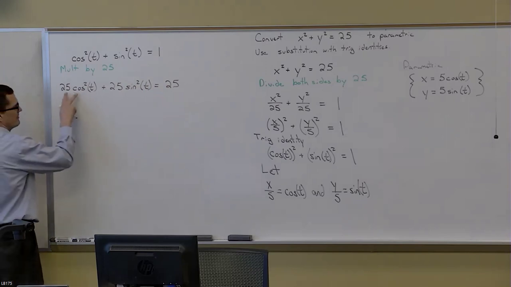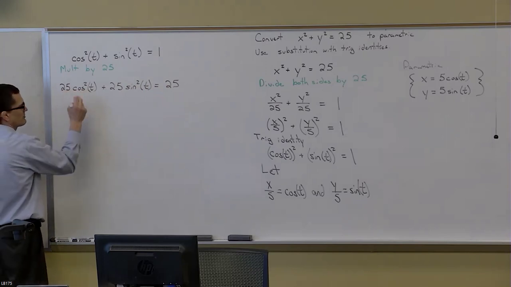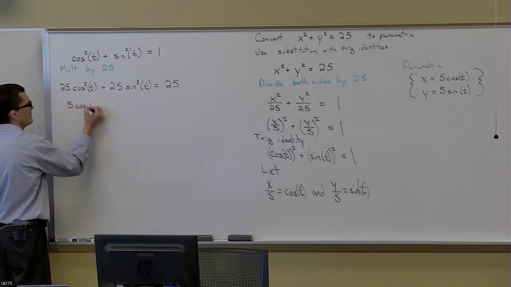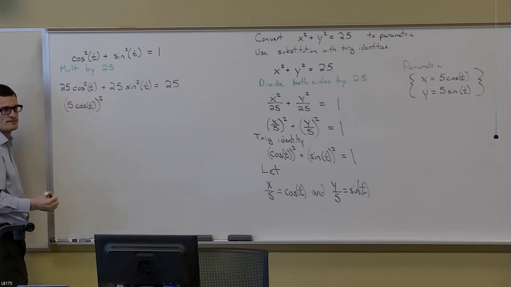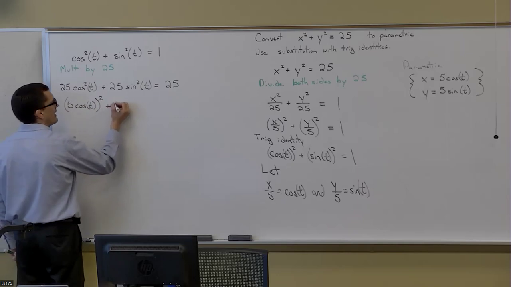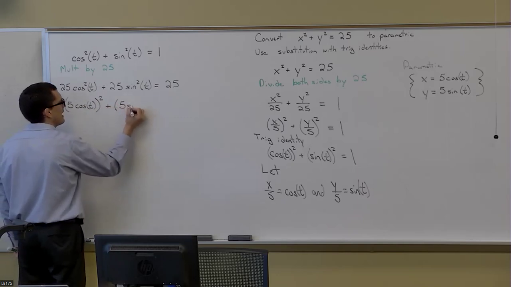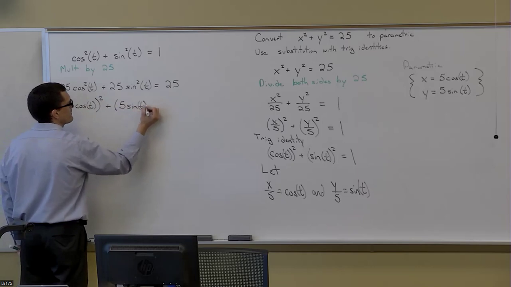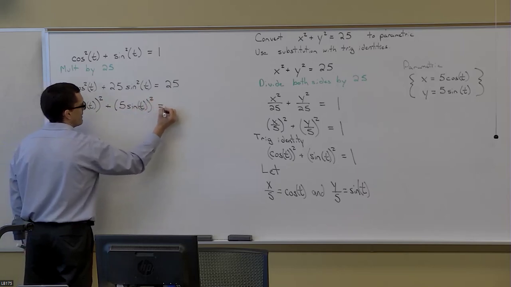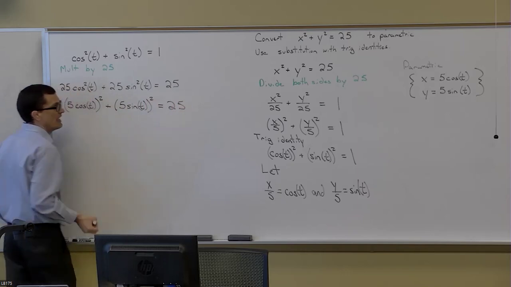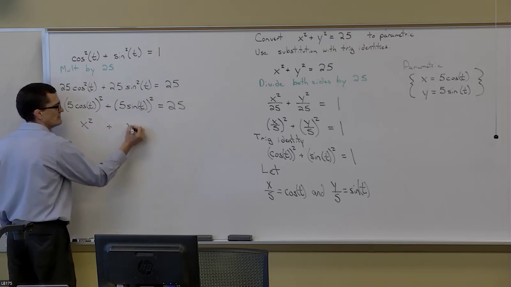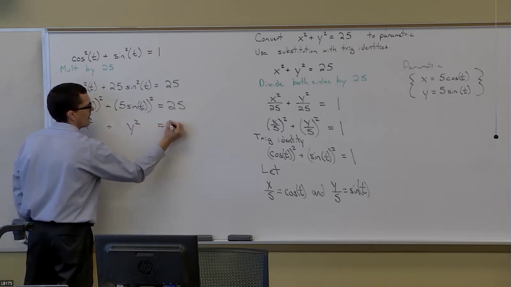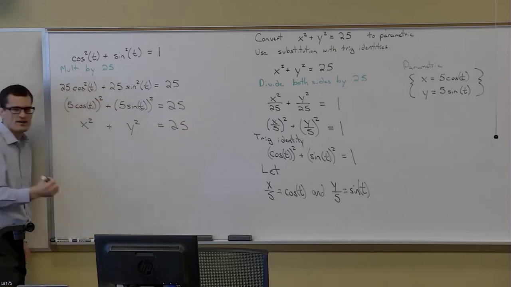And then in the same kind of understanding, 25 times cosine squared, I could have taken 5 cosine and squared that whole thing. And then I could have taken 5 times sine and squared that whole thing and got 25. And now this matches my equation. Right?